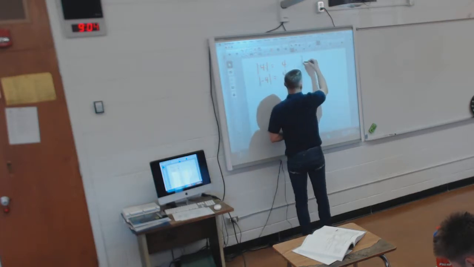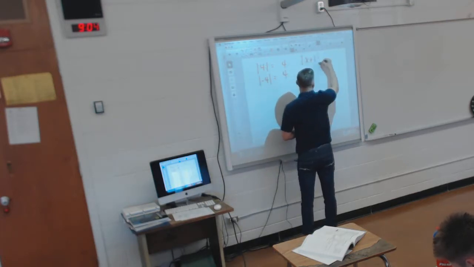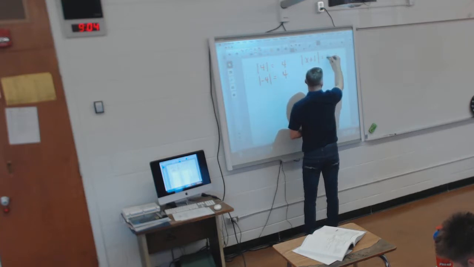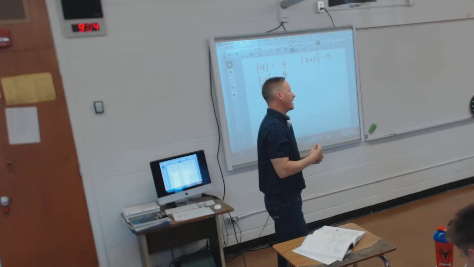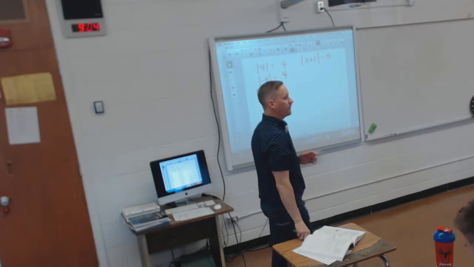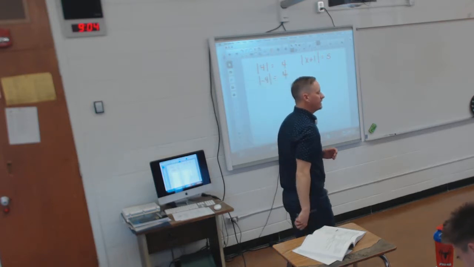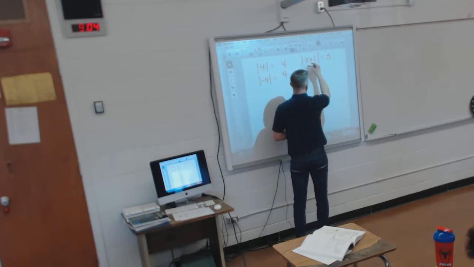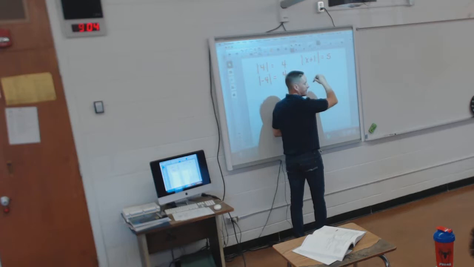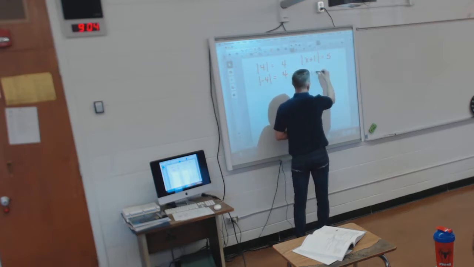If I have this, x plus 1 absolute value is equal to 5. So if I have the absolute value of x plus 1 equals 5, that means then that I have 2 possible solutions for this. Okay, in order to get 5, x plus 1 has to equal 5, or x plus 1 can equal what?